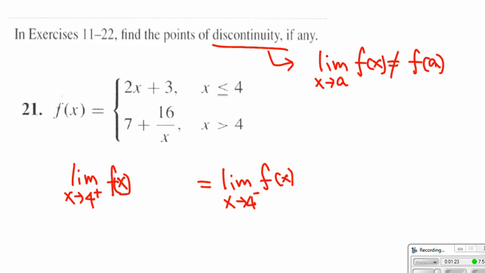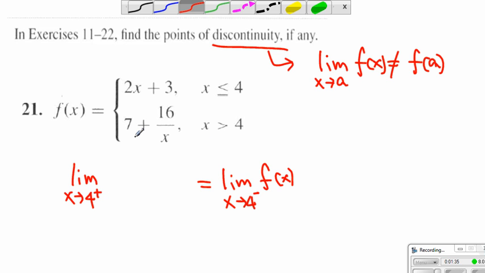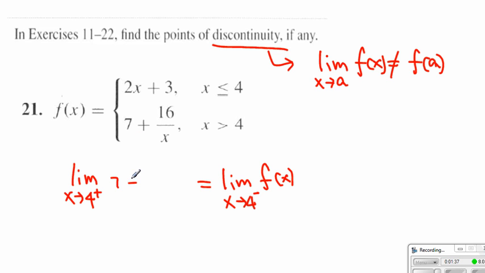If we are coming from the right side, x has to be greater than 4. So f of x can be rewritten using the bottom one, 7 plus 16 over x.